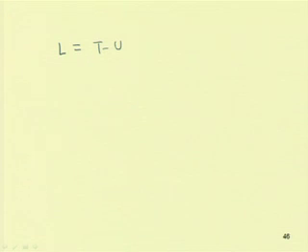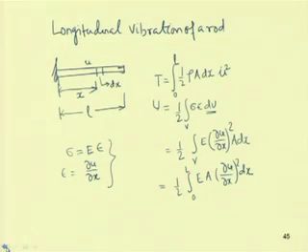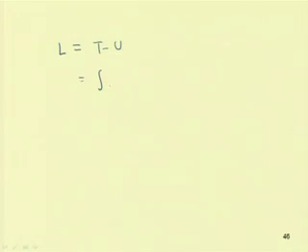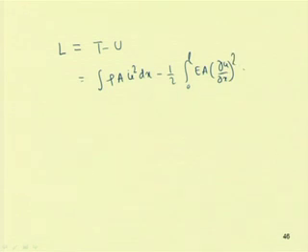So, this T minus u can be written as integration 0 to L, and this T we have already written: half rho A u dot square dx, minus half integral 0 to L E A del u by del x whole square dx. Now let me use Hamilton's principle to derive this.